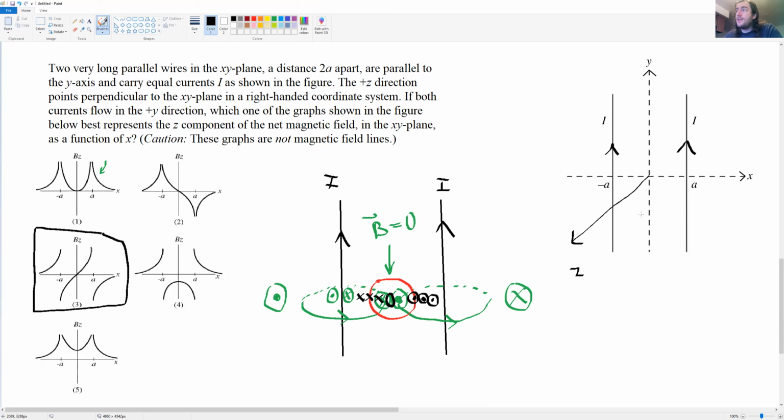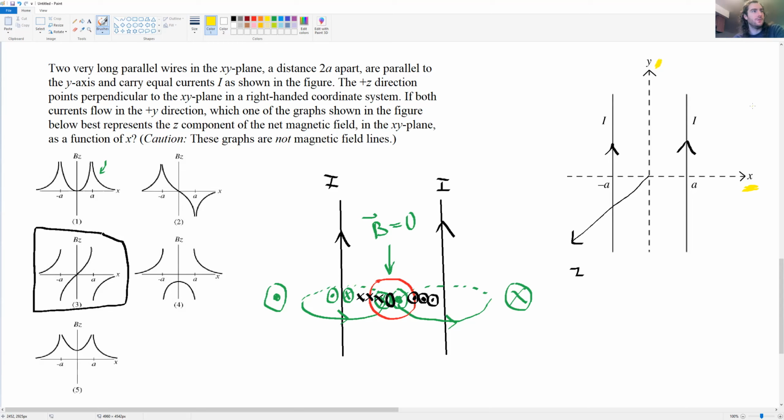For the coordinate system that they gave us, the x coordinate was right here, and the y coordinate is right here. So x cross y gives us positive z. So if you use the right hand rule, stick your fingers in the direction of positive x and curl your fingers in the direction of positive y, and your thumb points in the positive z direction.